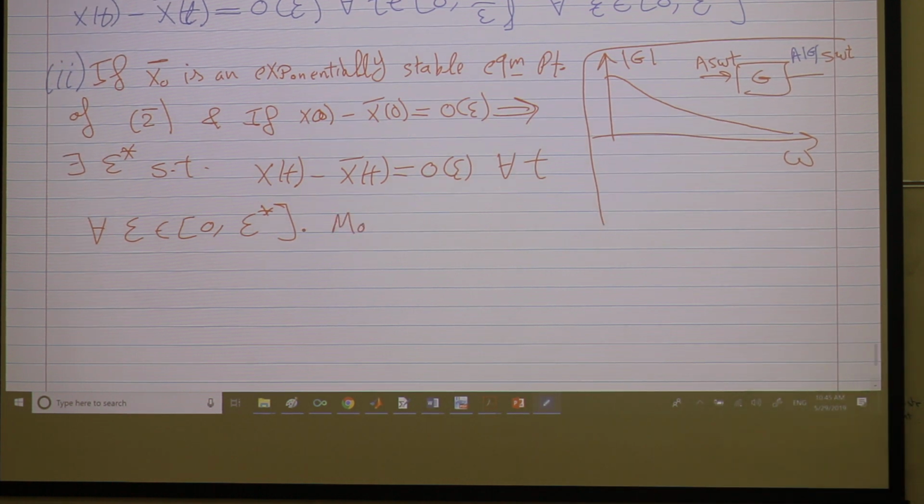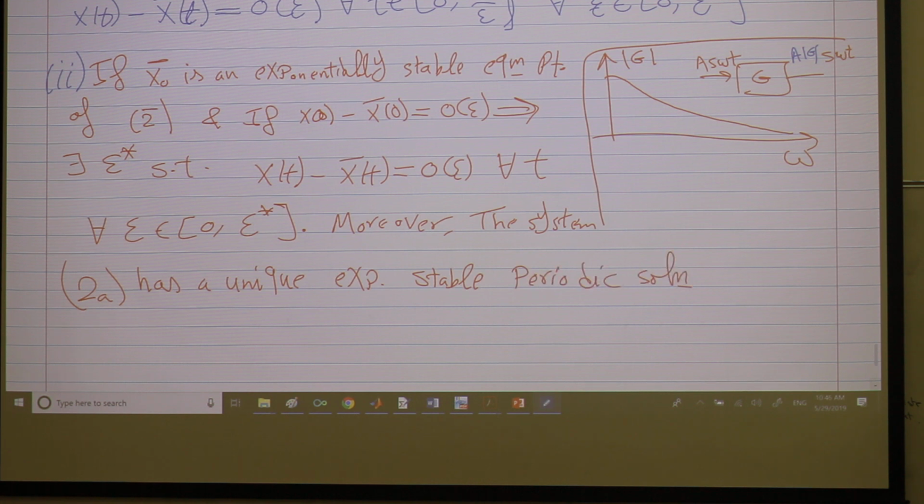Here I can add that, moreover, the original system, the nonlinear time periodic system, has a unique, also exponentially stable, periodic solution x of t, satisfying that the difference between x of t and this equilibrium point of the average dynamics is bounded by k epsilon, for some k.